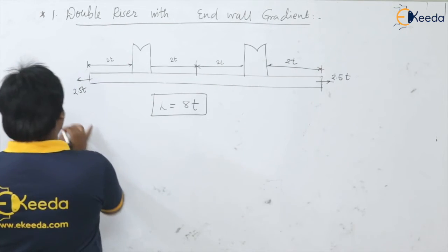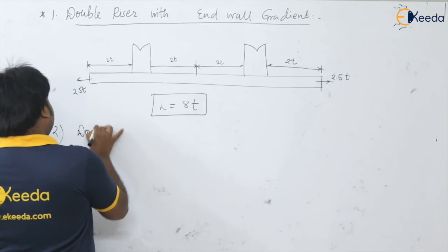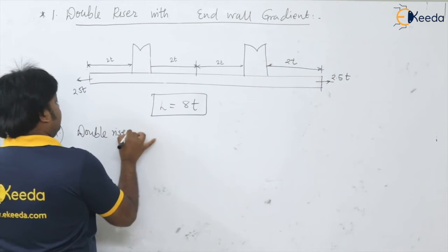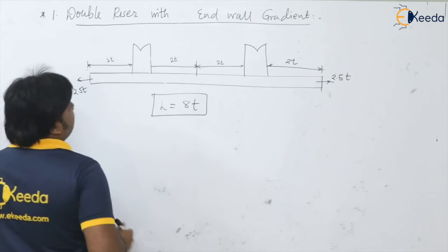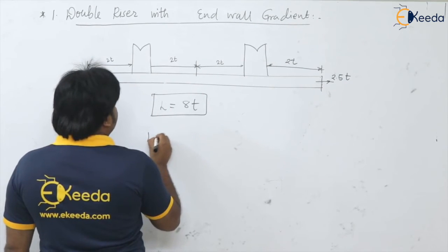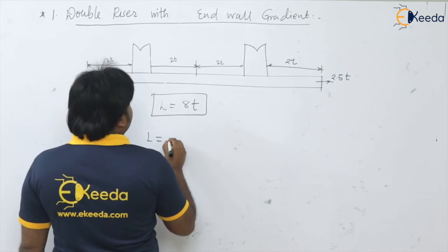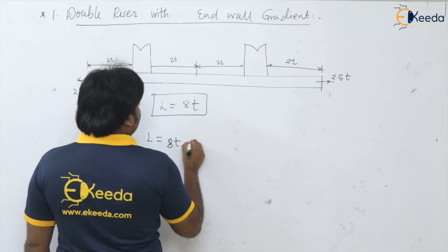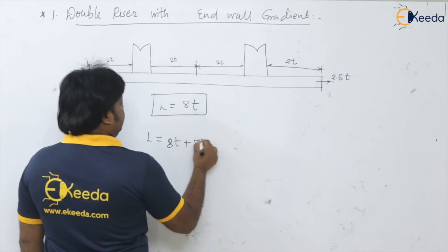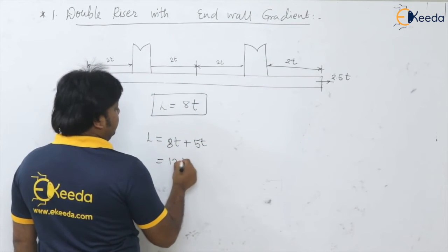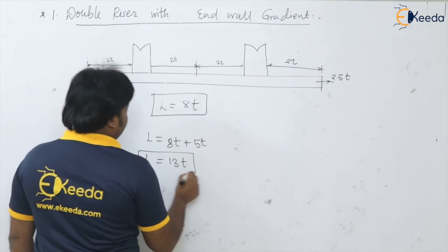So in the second condition, 2 risers or double riser with the end wall gradient, this L will be equal to this 8T plus this 2.5T plus 2.5T, which is equal to 13T. L is 13T.